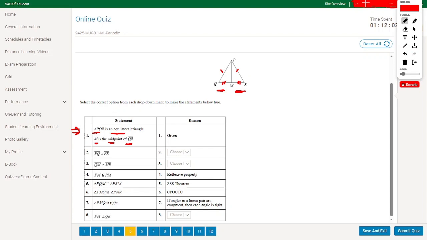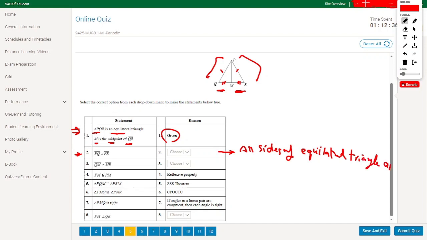So now, that was given. Anyway, number two, BQ congruent to BR. This comes from the fact that all sides of an equilateral triangle are congruent.